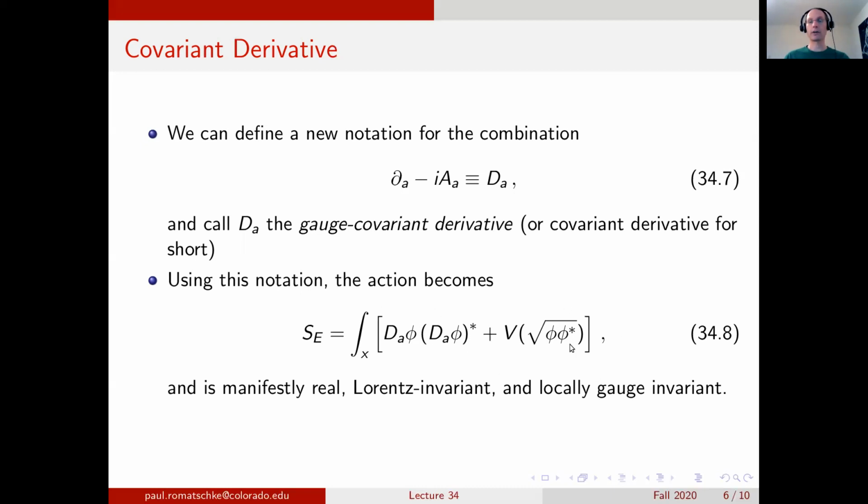And of course, we can have our potential that is still an arbitrary function of the square of phi and phi star. Such an action is manifestly real, it's Lorentz invariant, and it also is invariant under local gauge transformation. We call the new field that we've introduced, this vector field A, the local U(1) gauge field.